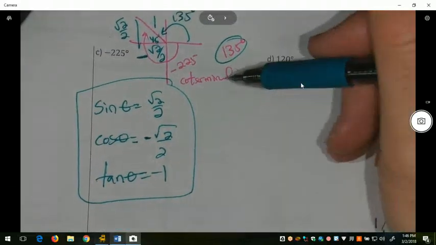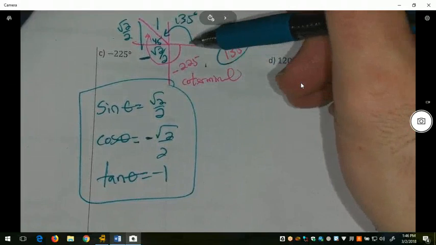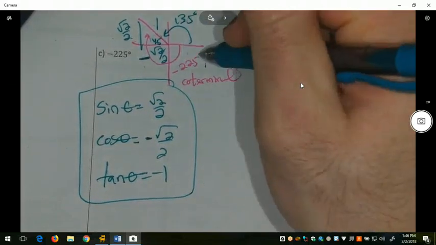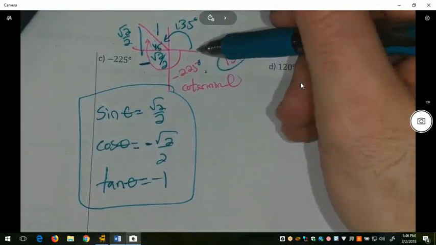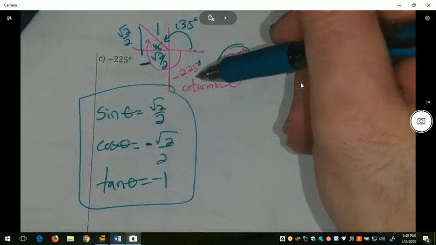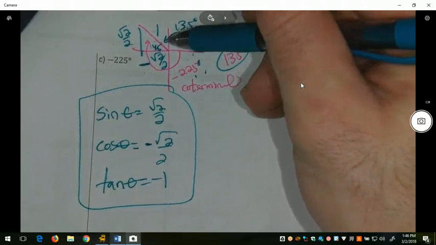For letter C, you should have started with your negative 225 degree angle that you drew, and then realizing that you need to work in an angle between 0 and 360, you found the coterminal by adding 360 degrees to it to get 135 degrees.